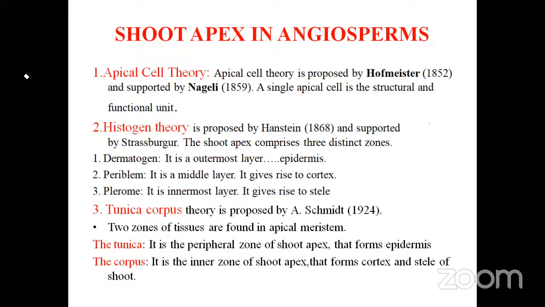And histogen theory is common. The same histogen theory is applicable for both shoot and root. Apical cell theory is applicable for both shoot and root. And another one is the Korper-Kappe theory. Right.